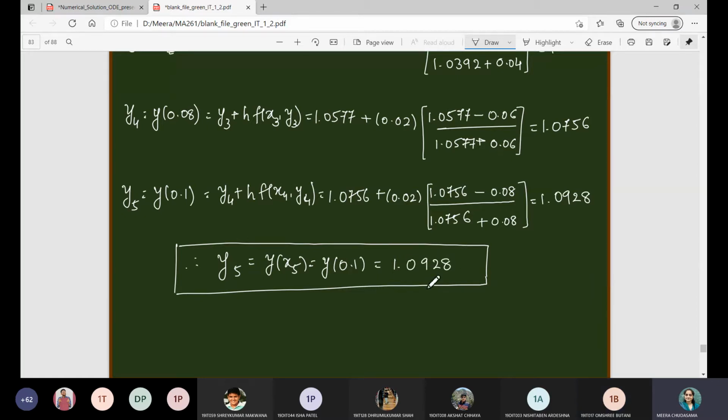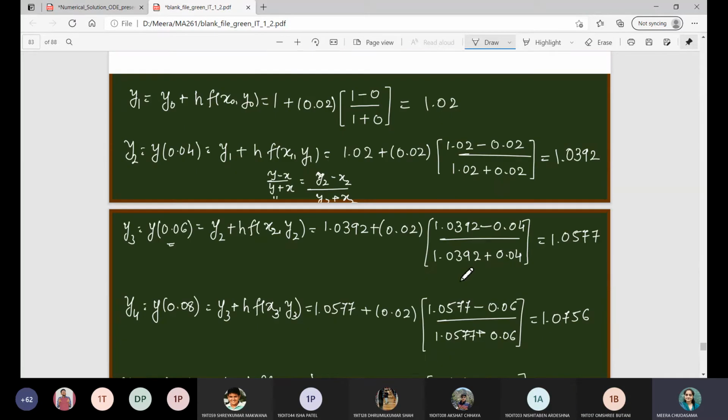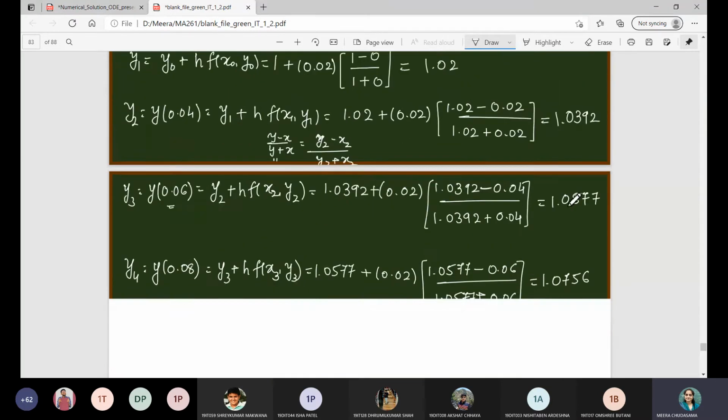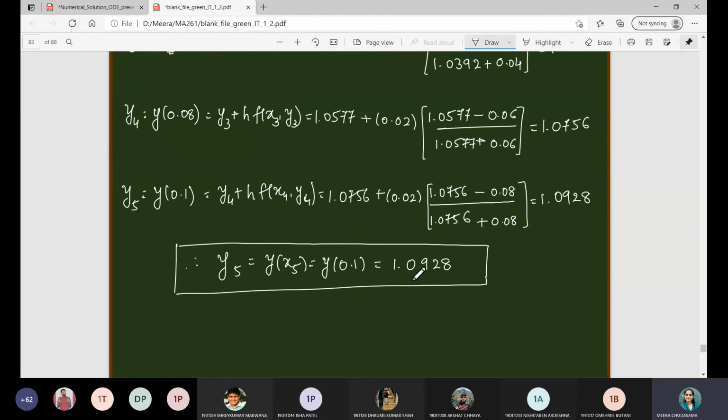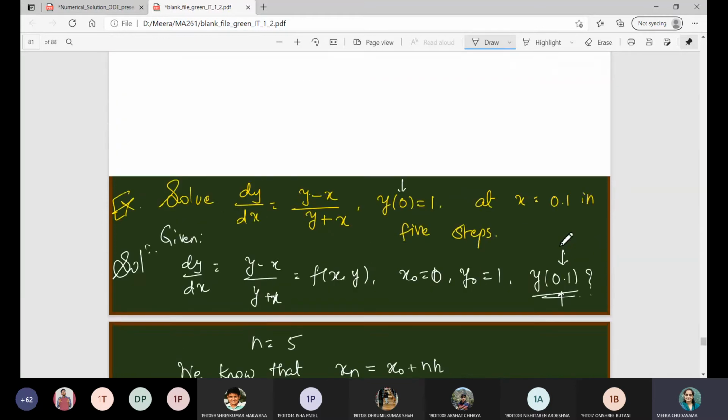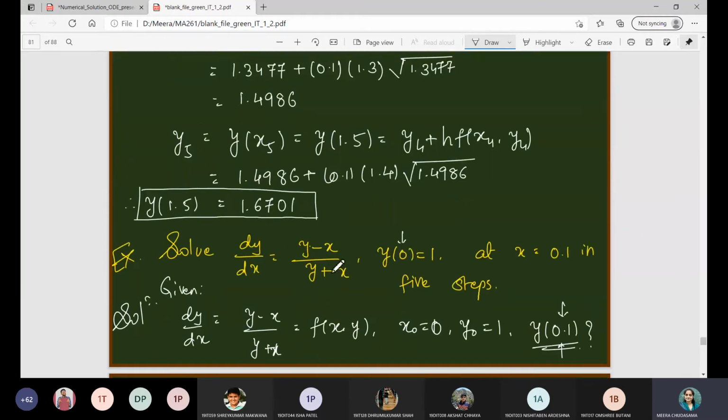So 1.0928, right? That is the asked value. You can see we are asked to find y at 0.1. So here we have reached the point y at 0.1, which is 1.0928, right? Here it is not asked, but if you solve this, it is of the kind M dx plus N dy, and the non-exact case will follow.